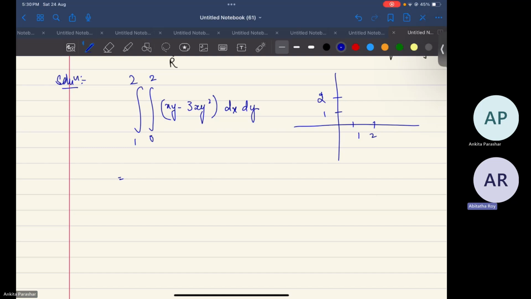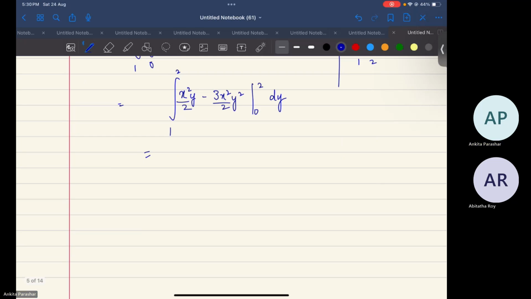With x first. Okay, let's do x square by 2 y minus 3x square by 2 y square, from 0 to 2, dy. This will be 2y minus 6y square dy from 1 to 2.